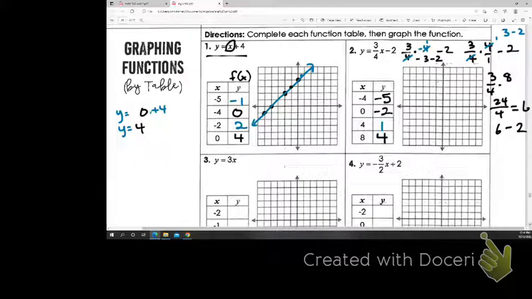All of the tables that we have in this lesson, they are all linear functions. So if after you fill in your table and you plot your points, if they cannot all be connected with one straight line, something is wrong.